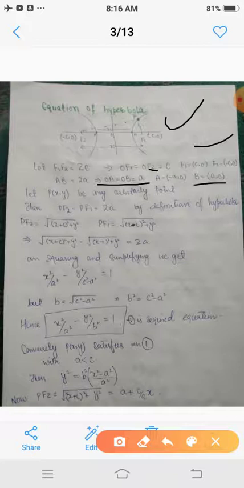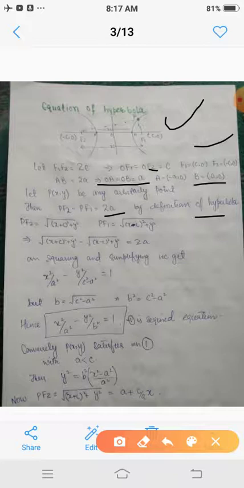Now let P(x, y) be any arbitrary point on this hyperbola. And yesterday we discussed how to find this difference of distances, that is PF2 minus PF1. This equals 2a by the definition of this hyperbola. Now here the coordinates of P are (x, y), F2 is (-c, 0) and F1 is (c, 0).